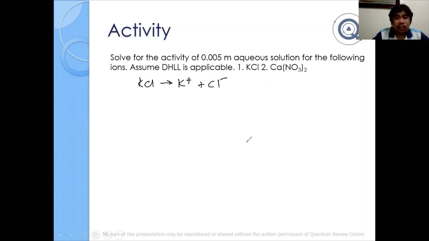So, again, in order to get the activity, you need gamma, the activity coefficient. And in order to get gamma, you need I from the Debye-Hückel limiting law.